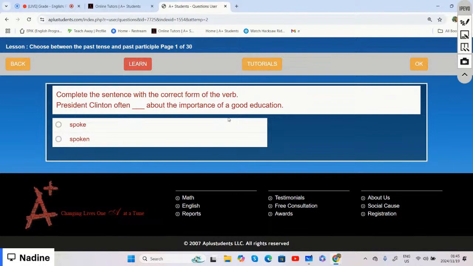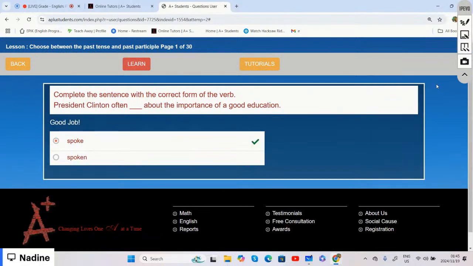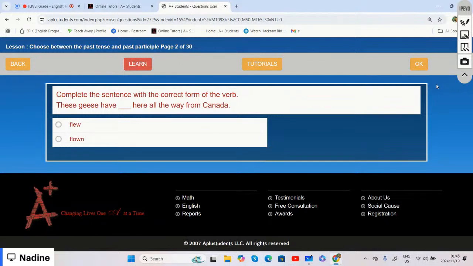And if we were to select the correct past tense, then we can say yes, President Clinton often spoke about the importance of good education. So well done. Option one is correct. All right, let's do the last one and then we are done.